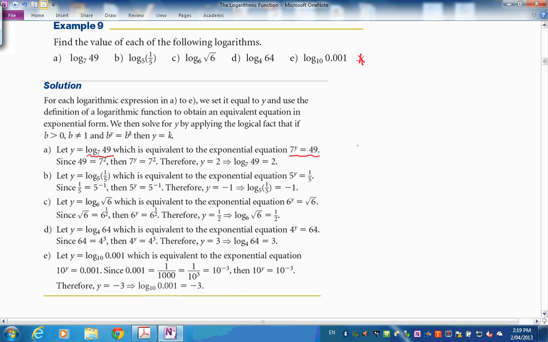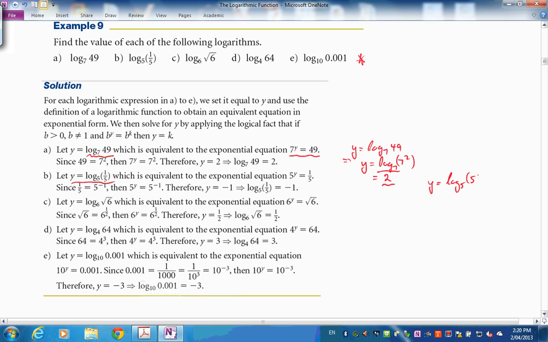I'd rather you say y is log to the base 7 of 49, which implies y is log to the base 7 of 7 squared. The log to the base 7 is a power I need to raise 7 to get this one, so it's just 2.